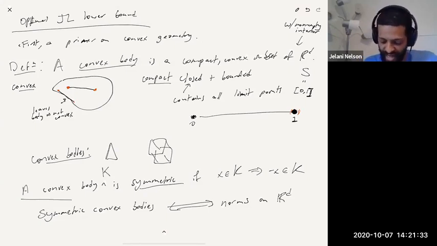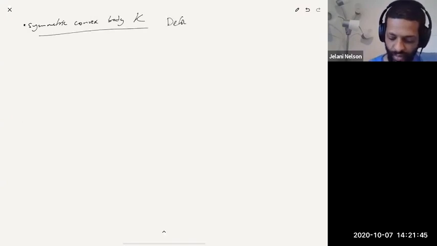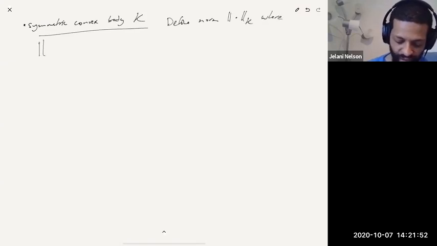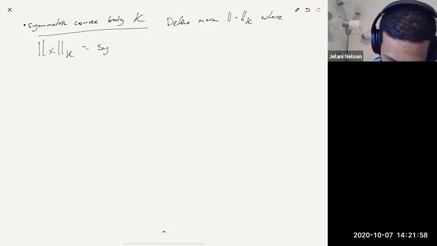So why is that? If I have a symmetric convex body K, I can define a norm. I'll call it norm sub K, where the norm of x is basically the largest element in the following set.